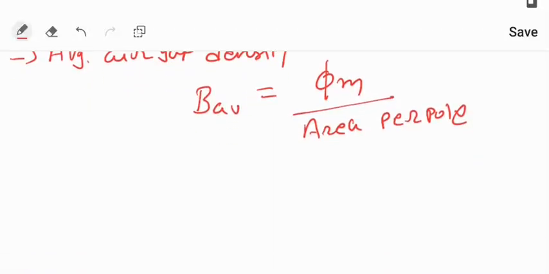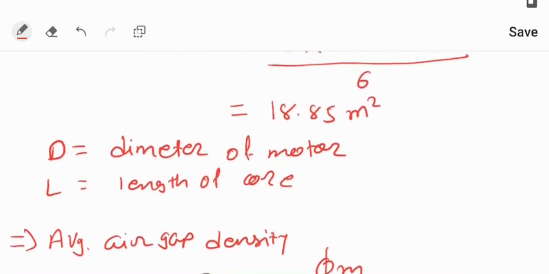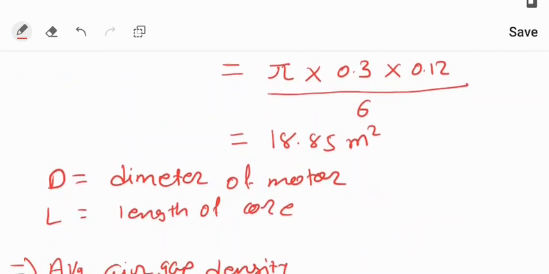We found the value of phi m, the flux per pole, as 7.9 into 10 raised to minus 3, and the area per pole we found as 18.85 meter square.